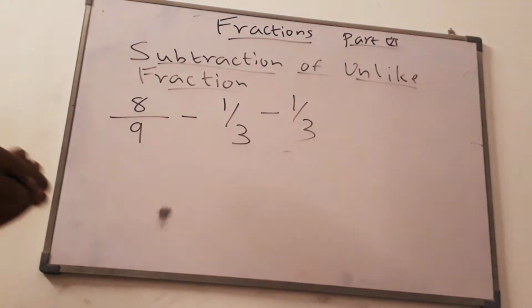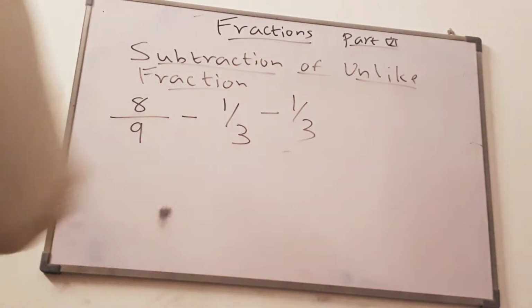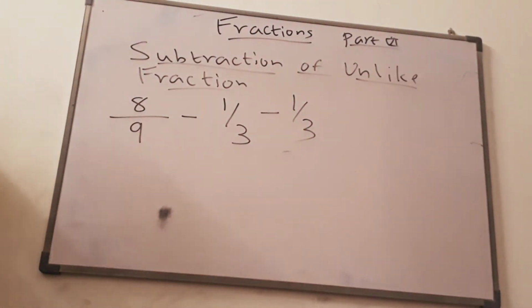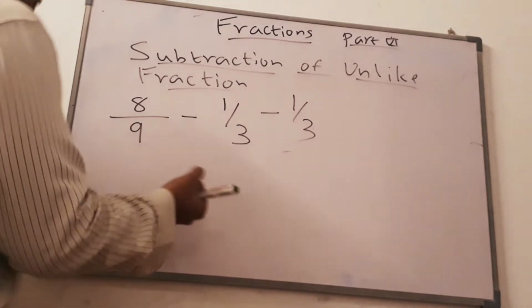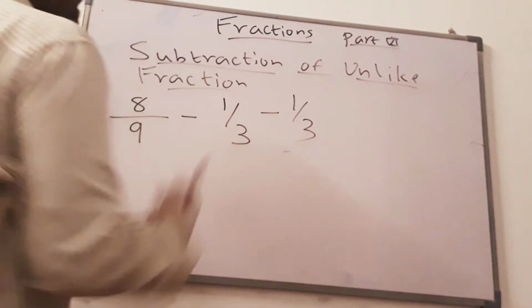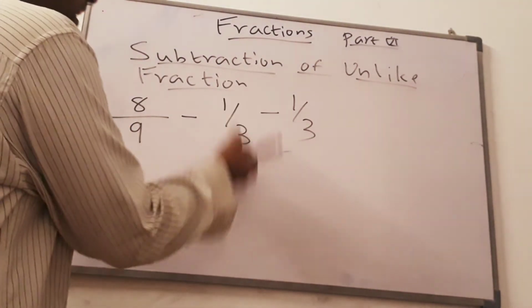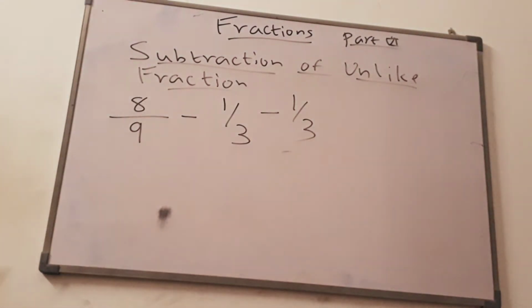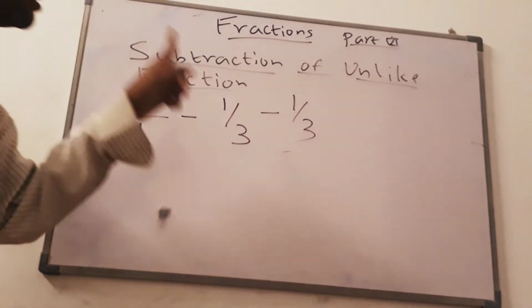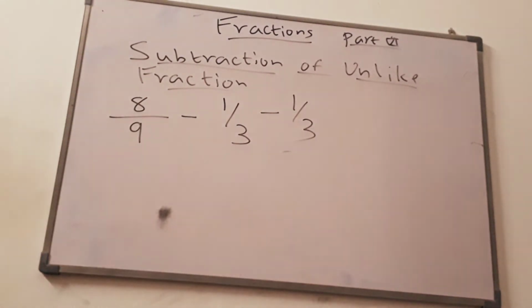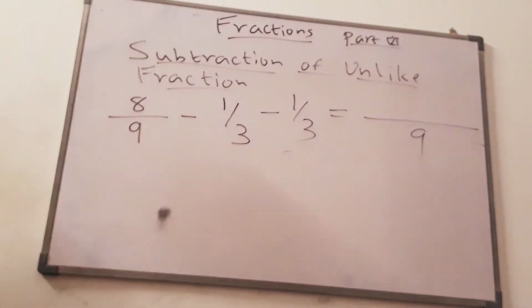Here there are 2 3's and 1 9. When we get a sum like this, first of all we have to check, now there are like fractions as well, with the same denominator. And the bigger denominator is also a multiple of 3. So we can easily take 9 as the common denominator.